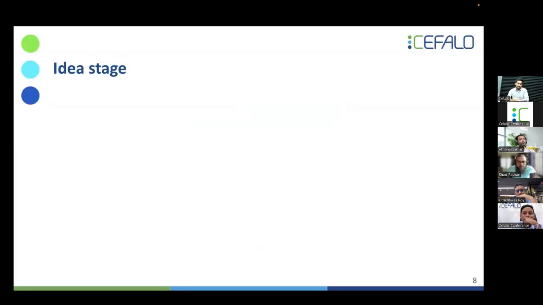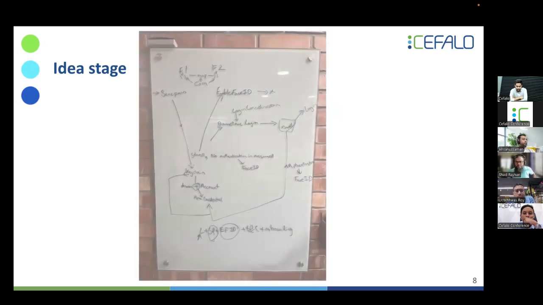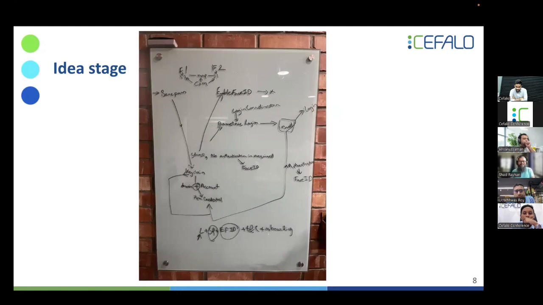As we were talking about the idea stage, how we generate our ideas, let's see how we have done that. I guess many of us are aware of the bricks because it was from our previous office.